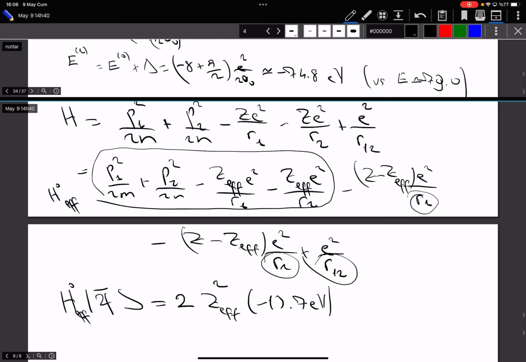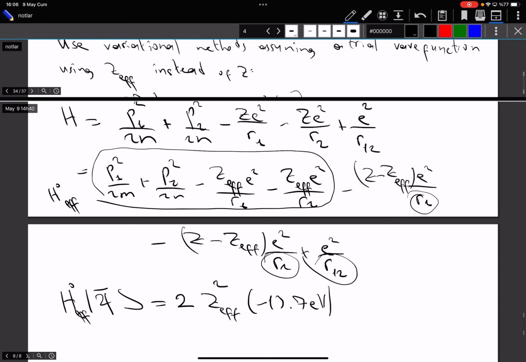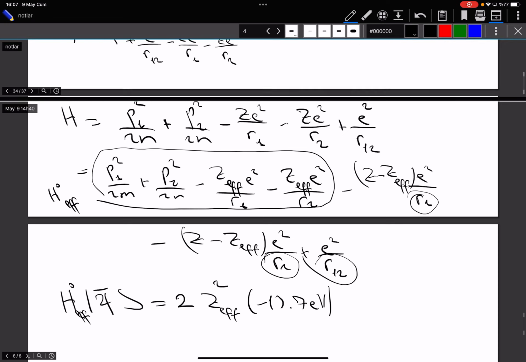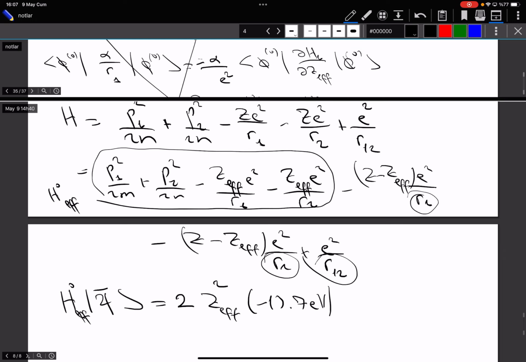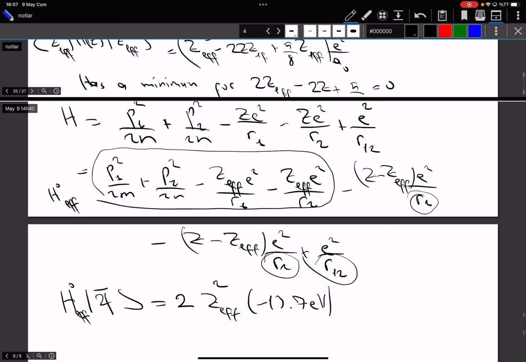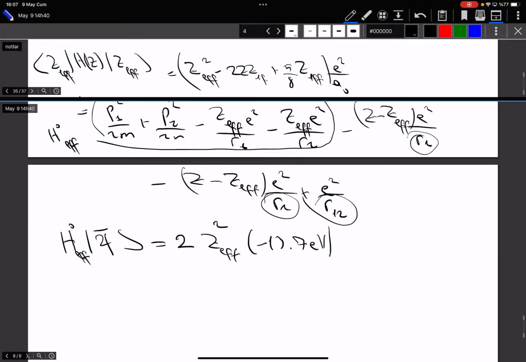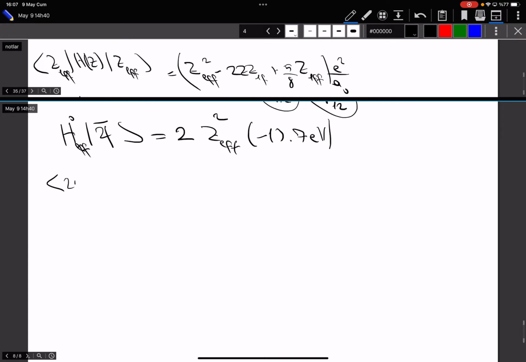Still, it will be a long computation, so I will not do it. But the result looks simple. Yes, this is the result. So I have psi bar, H, psi bar. H is the full Hamiltonian, including the 1 over r_12 term, and Z instead of Z effective.